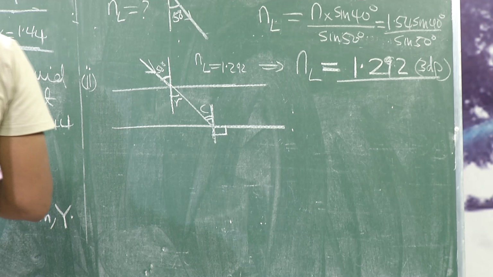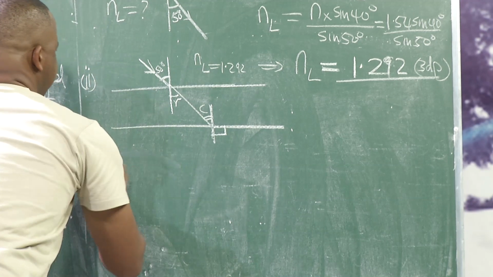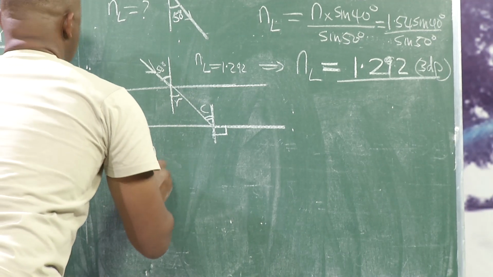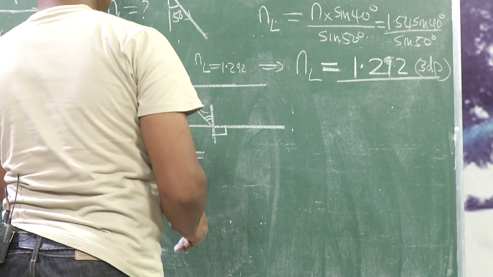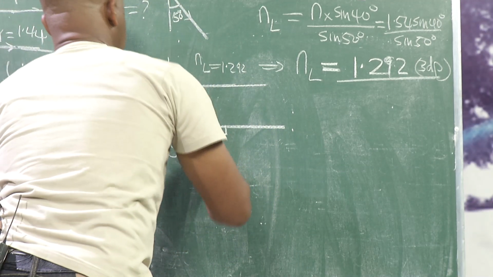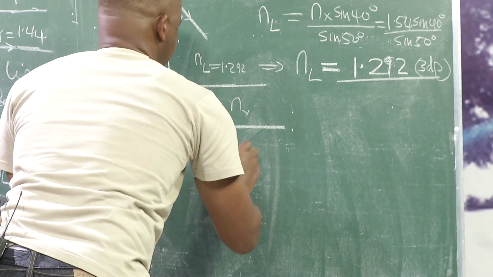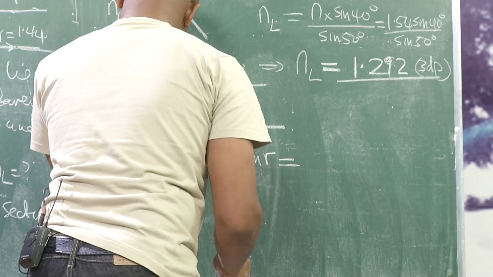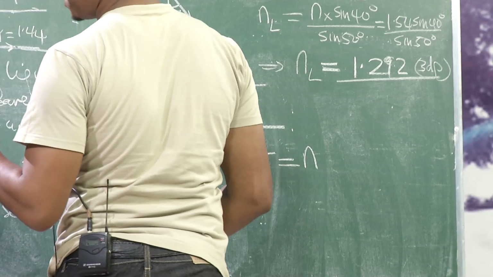That implies that if I take this medium and that medium, my n liquid, the sine of 50 degrees, the refractive index here, should be equal to nY, the sine of r, and should be equal to, if I reverse light, this medium should be considered to be air.